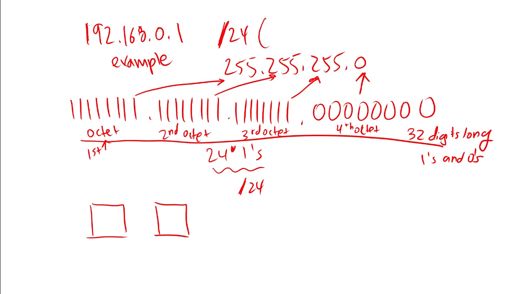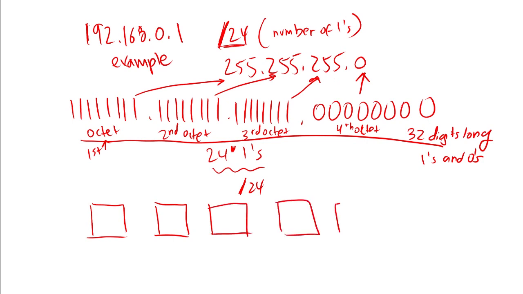And this is basically the number of ones. Now, if you do this enough, and somebody says /24, you'll automatically know it's this.